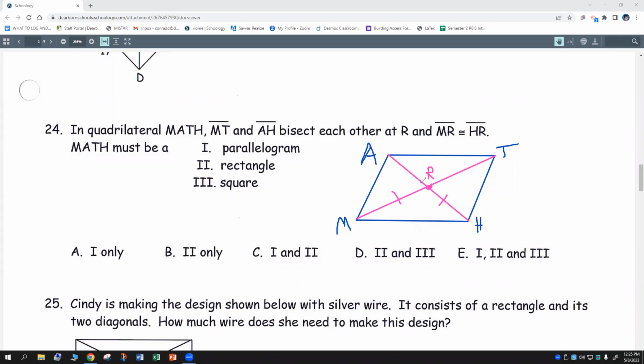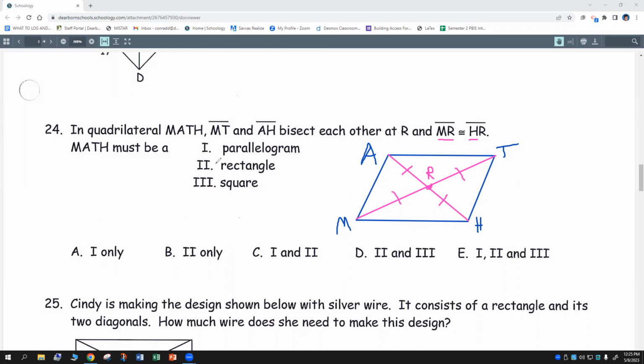Okay, so we know in this quadrilateral, oh, I'm sorry. Yeah, they bisect each other, right? So since they bisect each other, if this is one hash mark, this is one hash mark. If MR is equal to HR, and the diagonals bisect each other, we can put one hash mark on all of them, which means all four of these pieces are the same, which means the diagonals in total are going to be congruent.